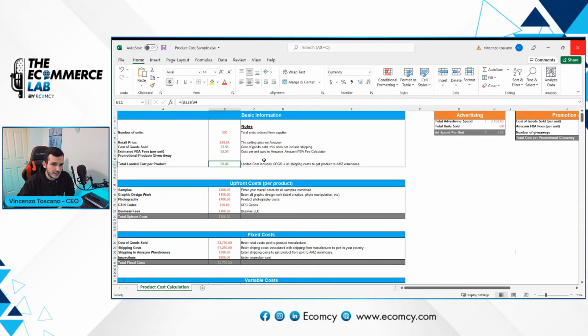Then you have photography. Usually this is where we advise you to allocate the most budget, because you need to remember that Amazon is a place where people shop with the eyes. So if you're just planning to use the images from your manufacturer without doing any editing, or just having some lifestyle images, most likely your conversions are going to be impacted significantly.